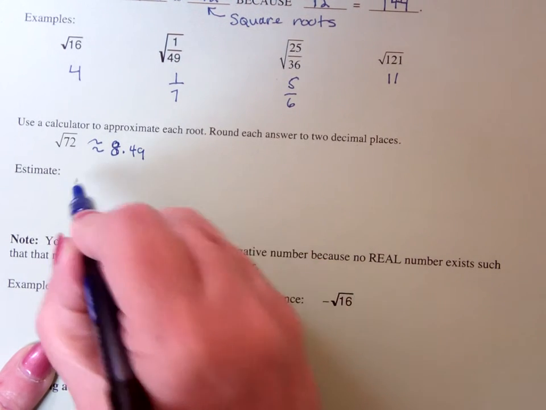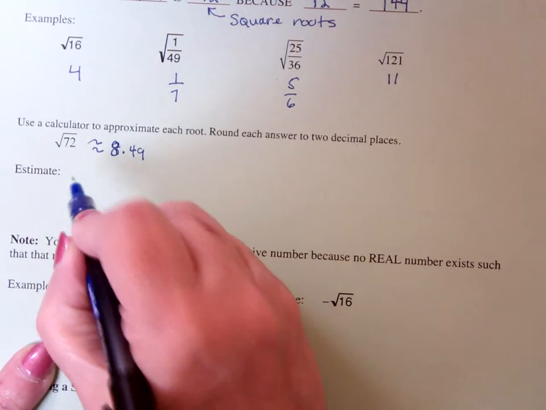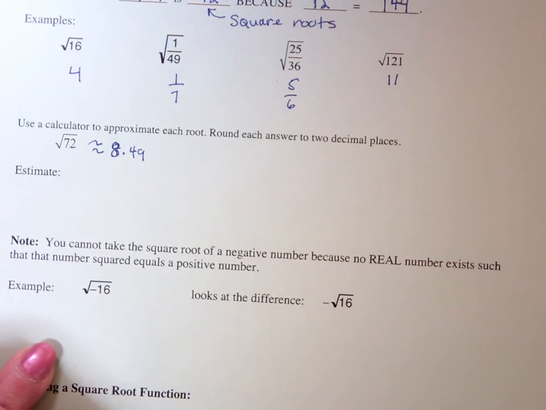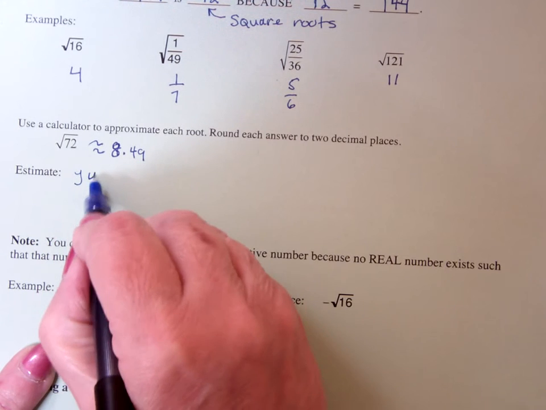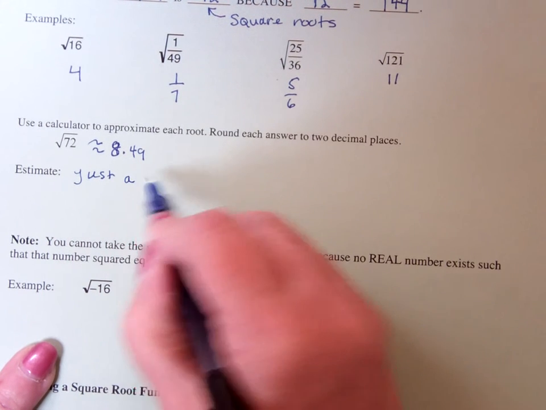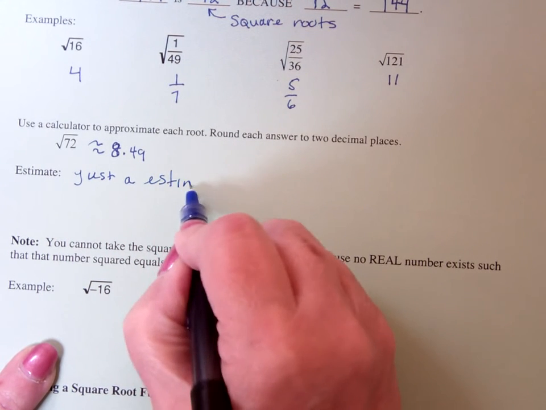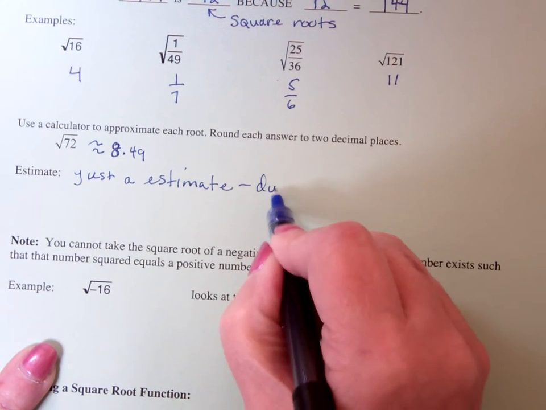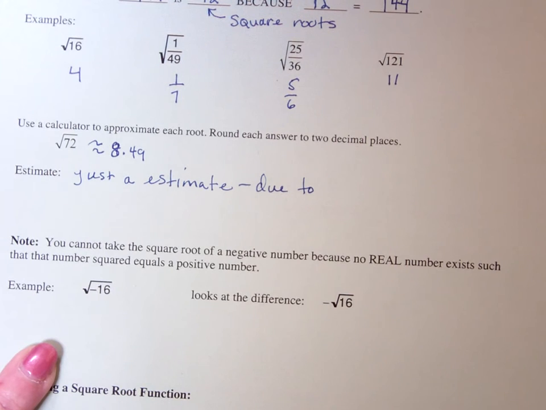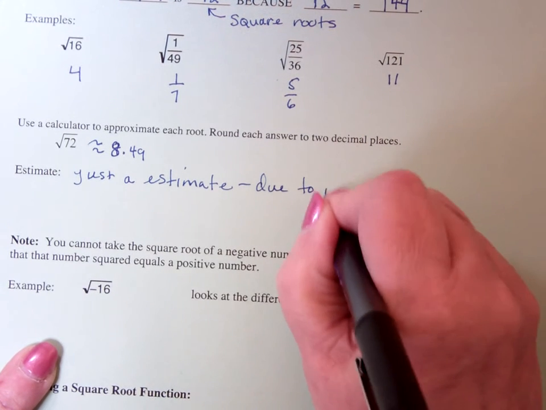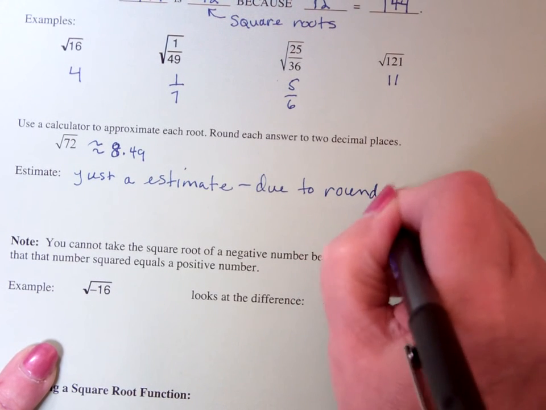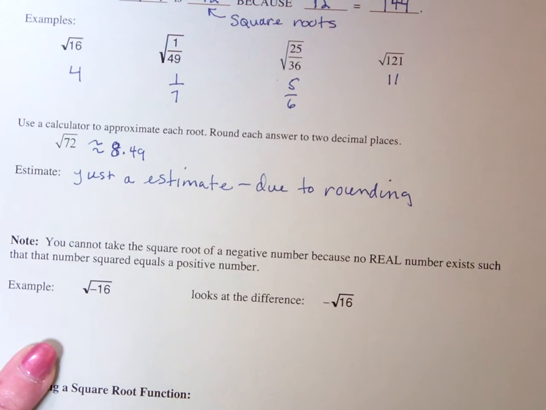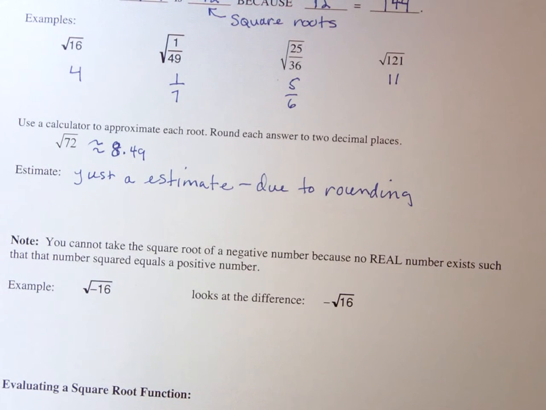And this is just an estimate. I can say this is due to rounding. So it's now considered an estimate. It's an approximation.